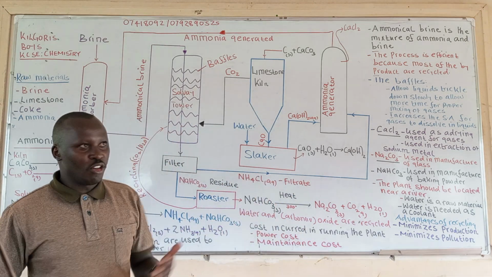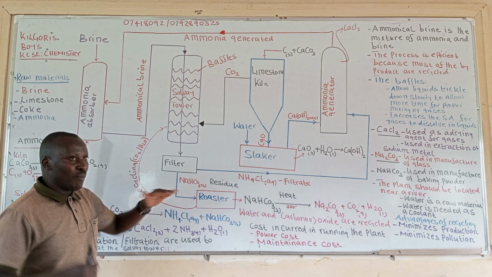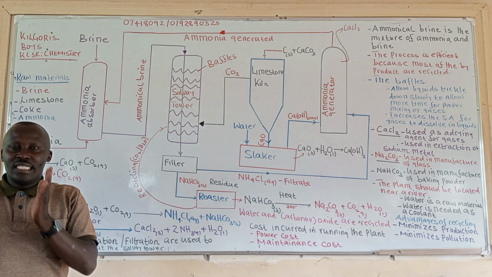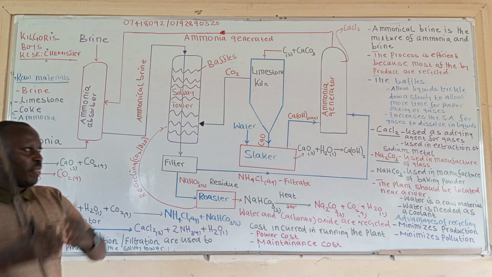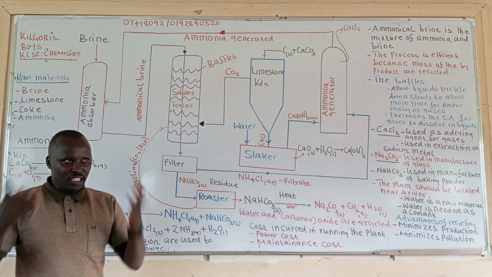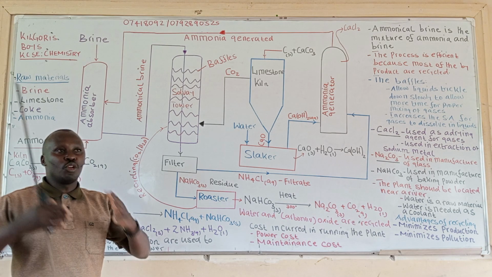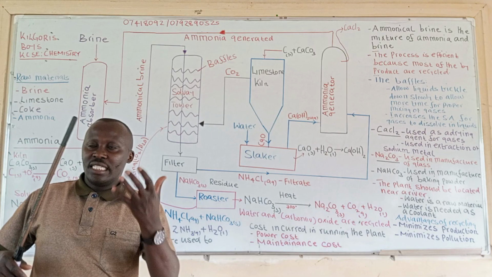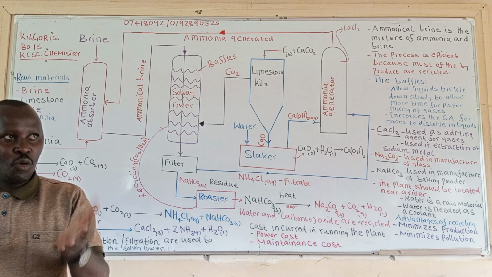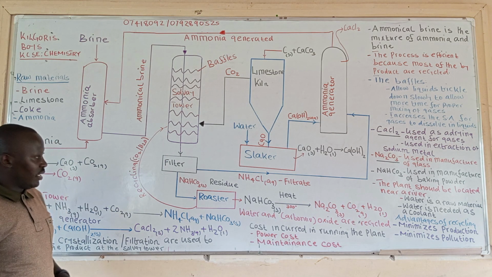When using fractional crystallization, you need to understand that sodium hydrogen carbonate is less soluble at lower temperatures, so the mixture can also be separated. You then use the filter to separate them.